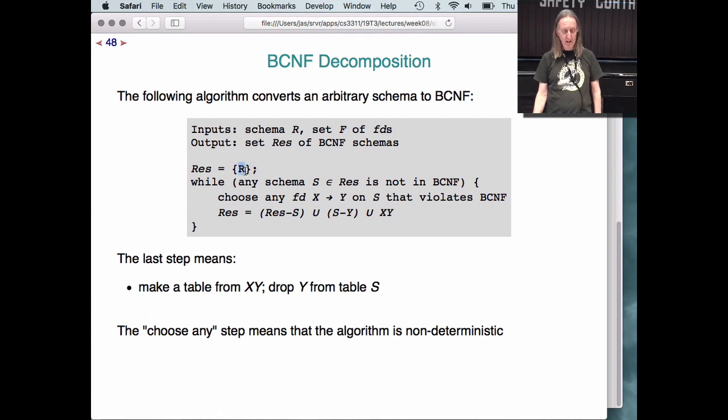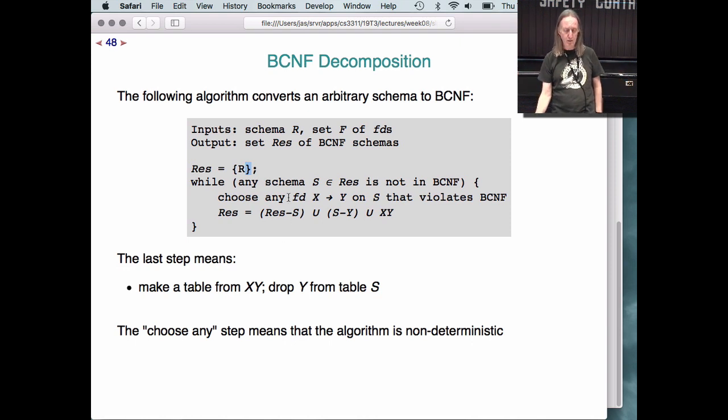We've got a set of relations, and let's say for the sake of argument we start out with a single relation, like that bank loan schema where we've got everything stuffed into one table. Clearly we need to break it up, but in any case we've got our bank loan table. So we look at the bank loan table and pretty soon we're going to discover it's not in BCNF.